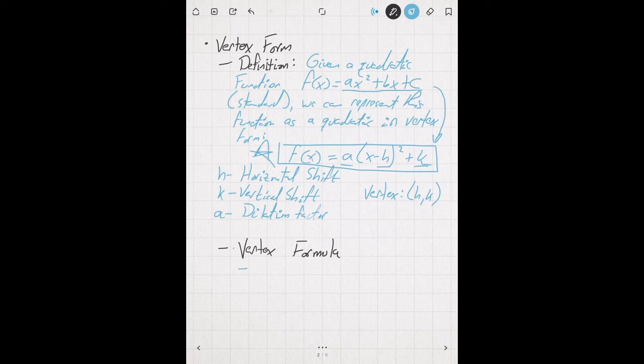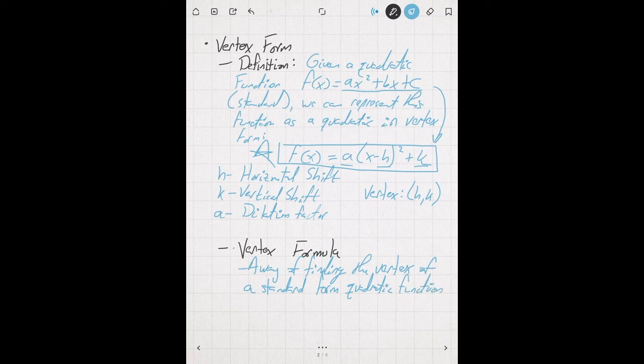So let's write that down. A way of finding the vertex of a standard form quadratic function.